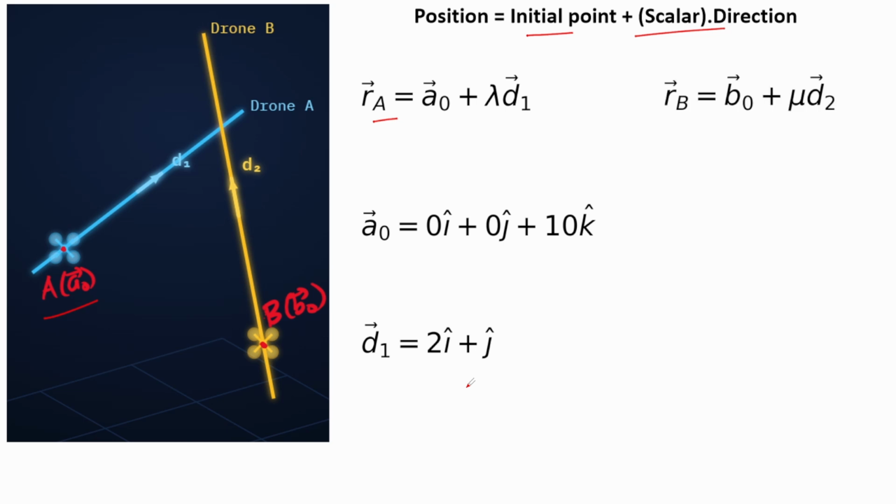Similarly, we can write the position vector of drone B as B naught vector plus some scalar times D2 vector, where we are assuming the starting point of drone B as B naught vector equal to 3 i cap minus 2 j cap plus 9 k cap, and D2 vector, that is the direction along which drone B moves, as i cap plus 2 j cap plus k cap.